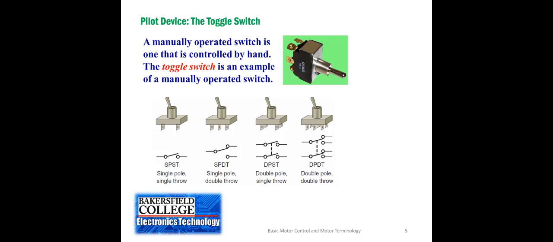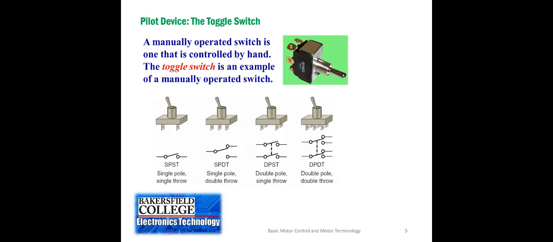Now, the throws are the number of outputs per input. So a single throw means that there is just one output, one possible connection. So that's either on or off. Now, a double throw means that we can connect to one of two outputs.